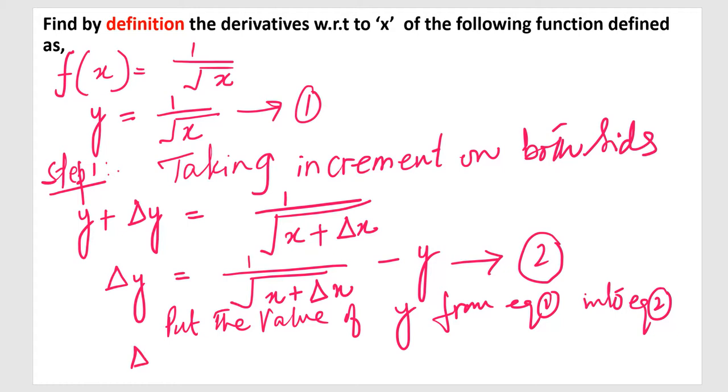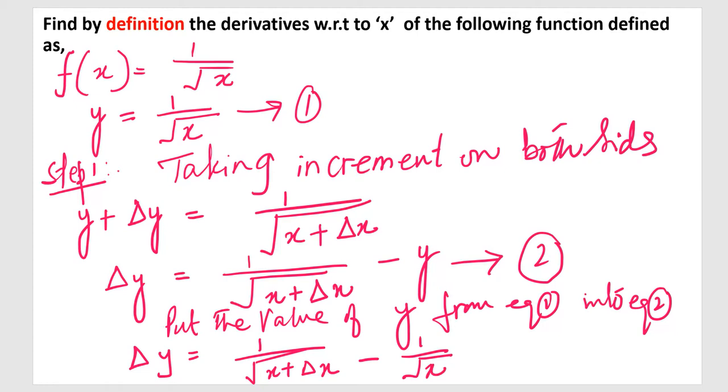Here we have delta y is equal to 1 divided by square root of x plus delta x, minus y, so negative 1 divided by square root of x.